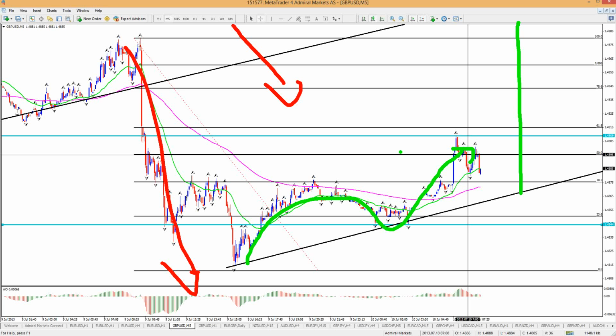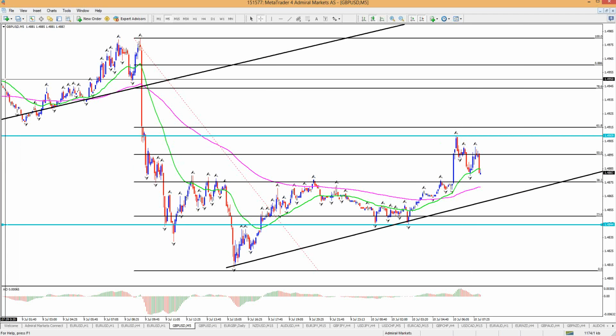I will be looking for price action confirmation, but that's basically what I'll be trying to hunt for if it sets up nicely today. All right, so that's the pound dollar in a nutshell.